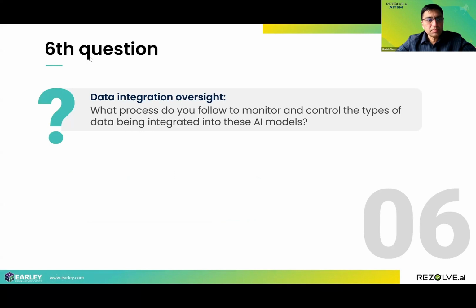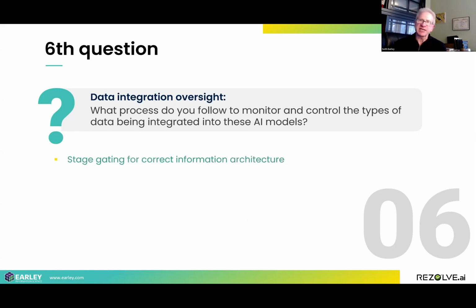Then comes the data integration oversight, right? This is similar to question three or two, but Seth, you want to talk about that? Yeah, well, you need to think about how you're onboarding data sources, right? You need to think about what's the gating factor. When we built an information architecture for an insurance company, whenever there were new projects coming online, they had to say, well, what are you using for your taxonomies and your information architecture and your ontologies and so on?